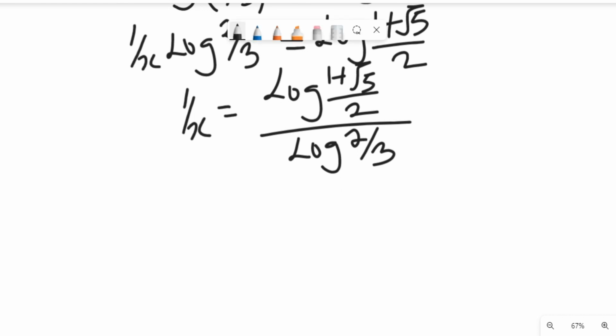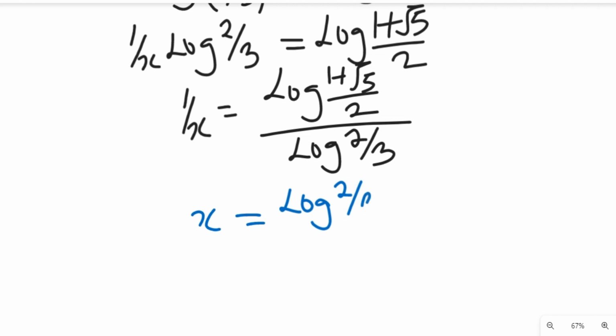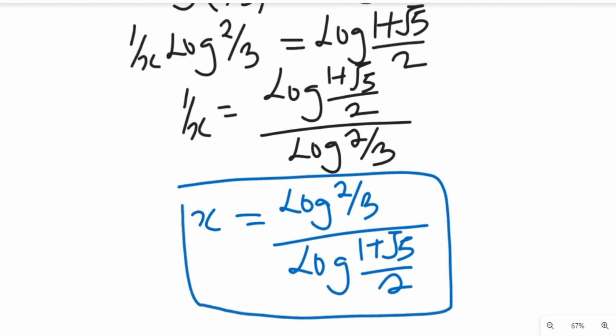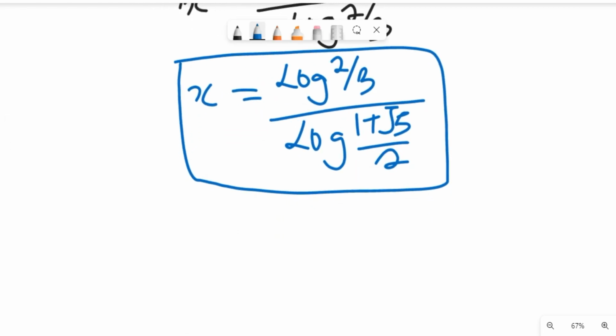Now we're going to take the reciprocal of this. If we take the reciprocal of this, it will give us x to be equal to, this will be inverted to give us log of 2 divided by 3, all divided by log of 1 plus root 5 divided by 2. So if we simplify this equation, we are going to get the value of x as the solution to that exponential equation.